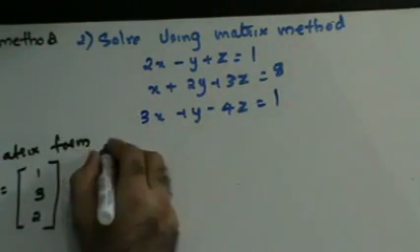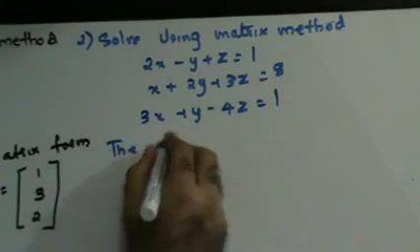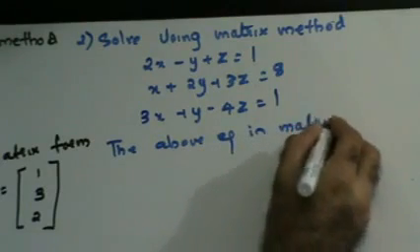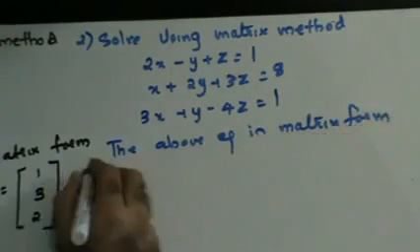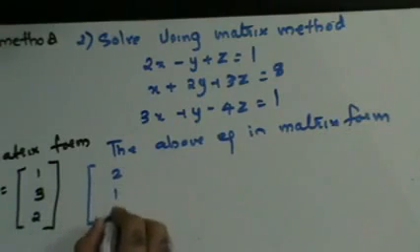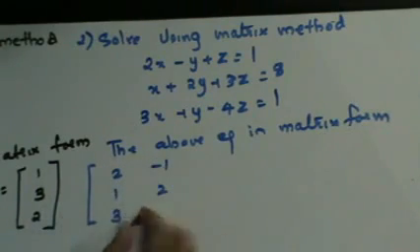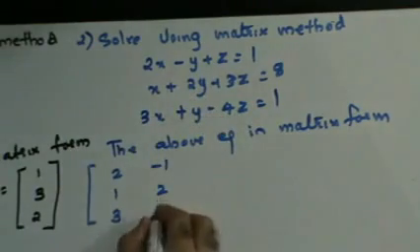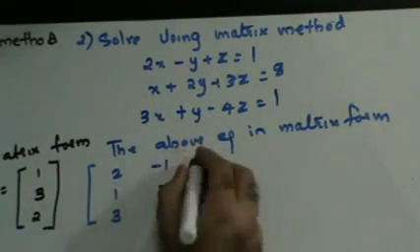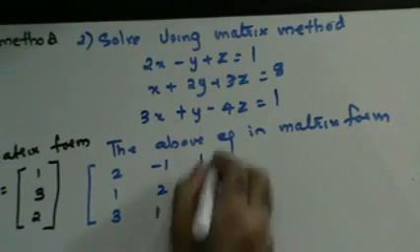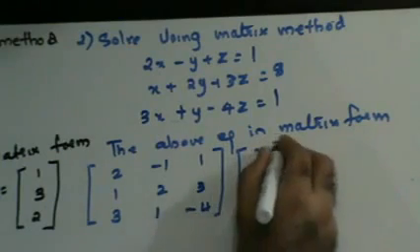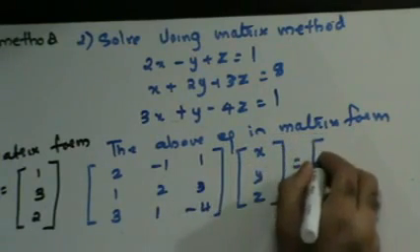First, convert the equation into matrix form. I can say that the above equation in matrix form is: 2, 1, 3; minus 1, 2; minus 1, 2, 1; and 1, 3, minus 4, times X, Y, Z, equals 1, 8, 1.